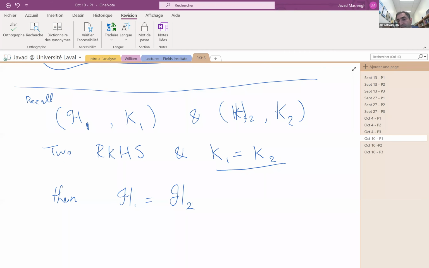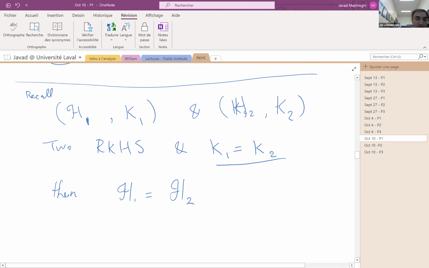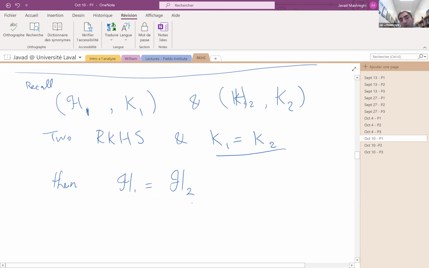There is an isometry: for every f in H1, the norm of f in H1 is equal to the norm of f in H2. So that's what I mean by a strong equality. In this case, the spaces are given, and we see that they are uniquely determined by the kernels.